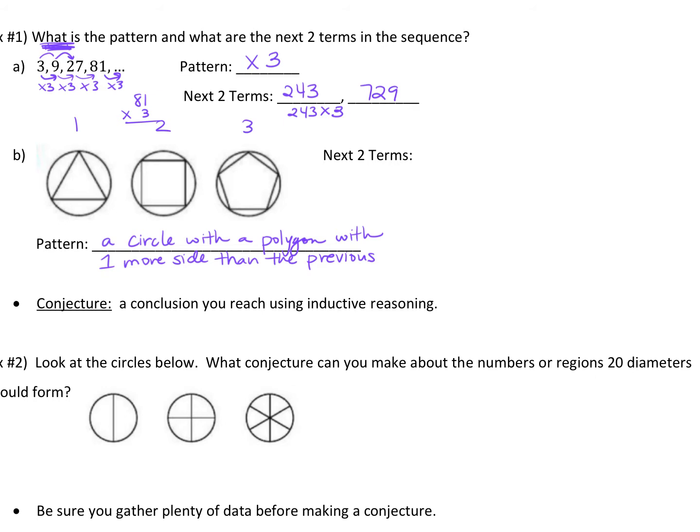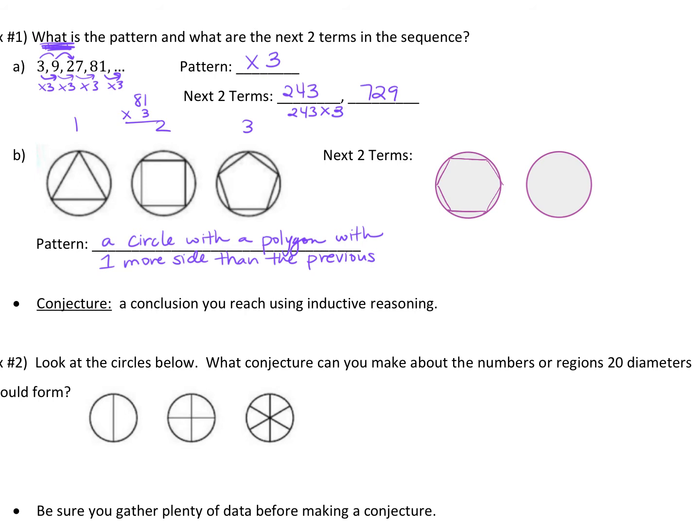So I'm going to draw a couple circles. And then inside those circles, you're going to do a hexagon for the 1. So that might look like this, right? 6 sides. And it doesn't need to be perfect.